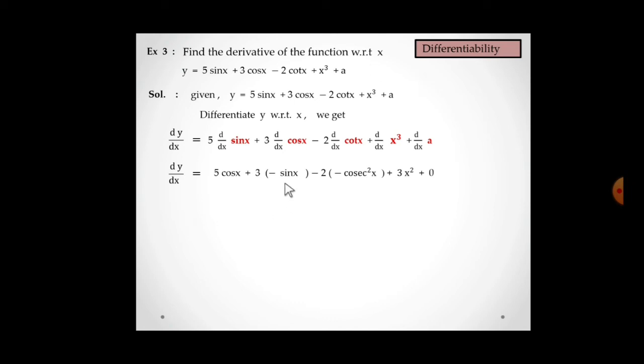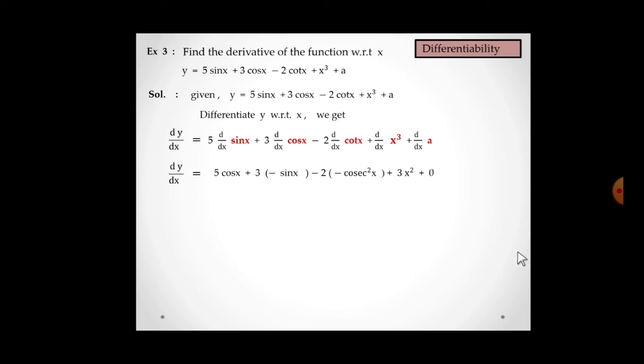Otherwise, if you write d by dx again, you have to write the derivative of this function again. You have already written the answer, it is minus sin x. d by dx of cot x means minus cosec square x is the answer. d by dx of x cube is 3x square, and a is independent of the variable x, therefore the answer is 0.